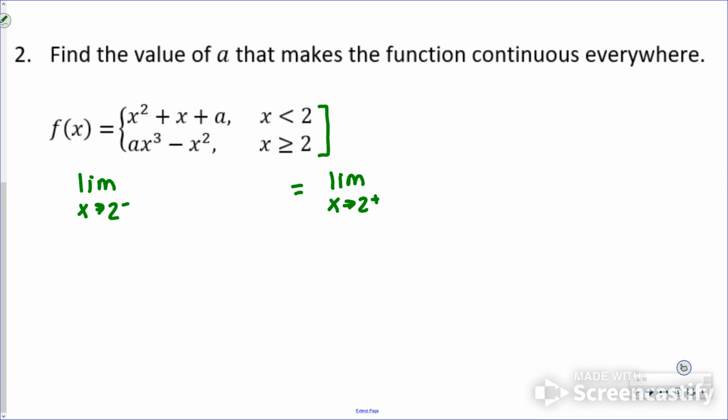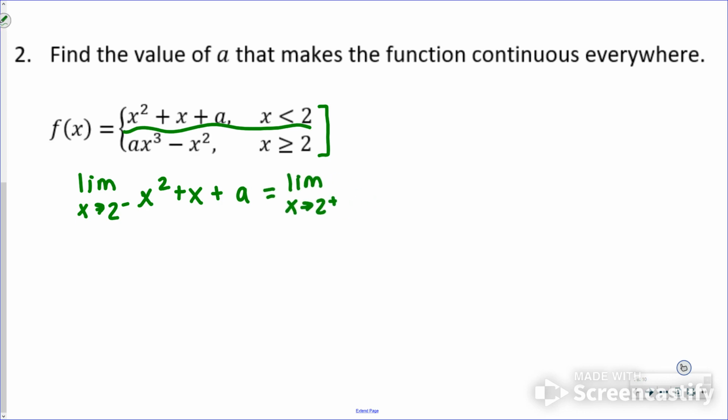Okay, so 2 from the left, I'd use that top piece. 2 from the right, I'd use the bottom piece. When you do the direct substitute, remember you're only plugging it in for x.